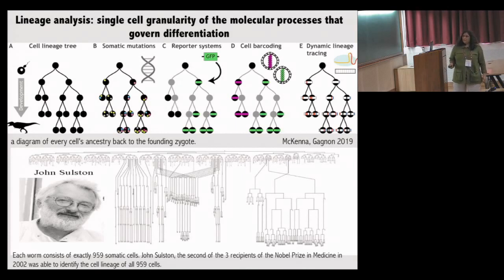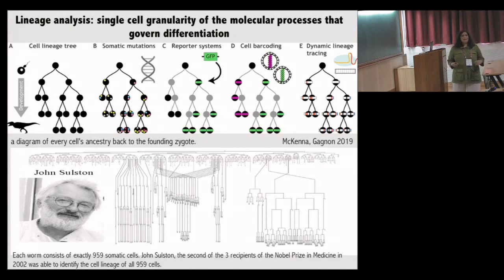And what we know about each of these cells in this worm is you can trace back the ancestry of every single cell in this animal back to the single cell zygote from which it came. So this is the lineage tree, if you like, of the worm, right?